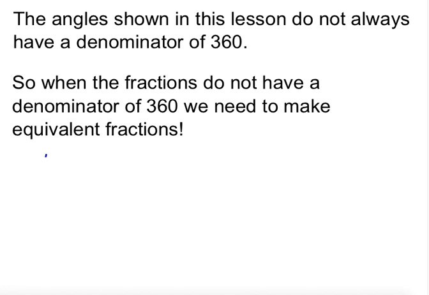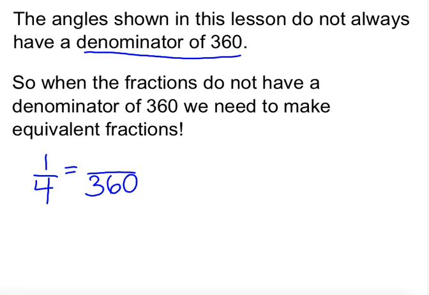Let's say 1/4. That's a fraction, but the denominator is not 360. So it is our job to now make 1/4 an equivalent fraction to have a denominator of 360.